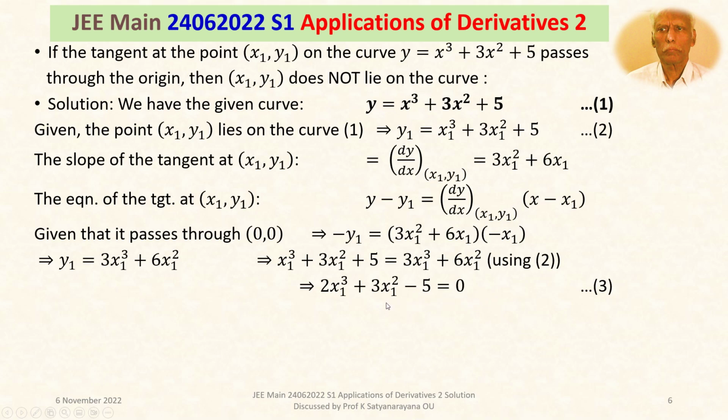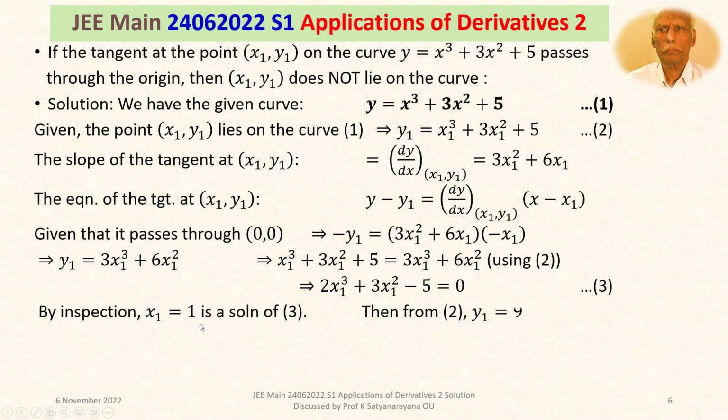A very careful observation will reveal that x1 is equal to 1 satisfies this equation. If you put x1 is equal to 1, 2 plus 3, that is 5, minus 5, 0. So x1 is equal to 1 satisfies this equation. By inspection, x1 is equal to 1 is a solution of this equation 3.